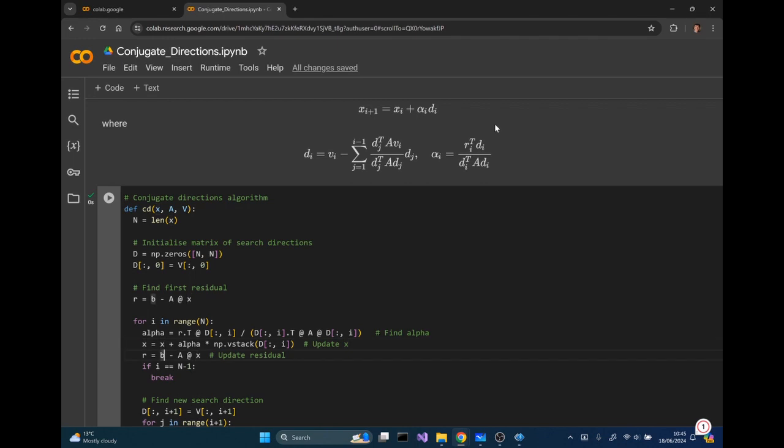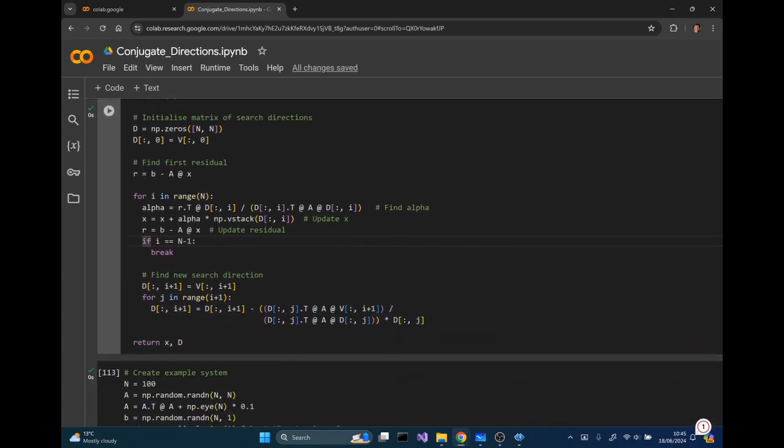Then if we move down again, here we update the residual because we have a new estimate of x. Again, we have to do that because that's going to be used in the next iteration when we recompute alpha. In this case, we're going to run the algorithm for n iterations. So it should converge. It's guaranteed to converge as long as we've written it properly.